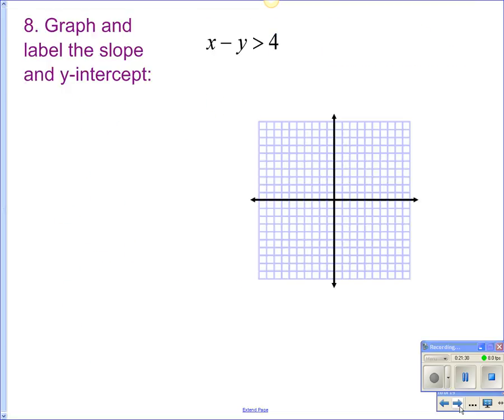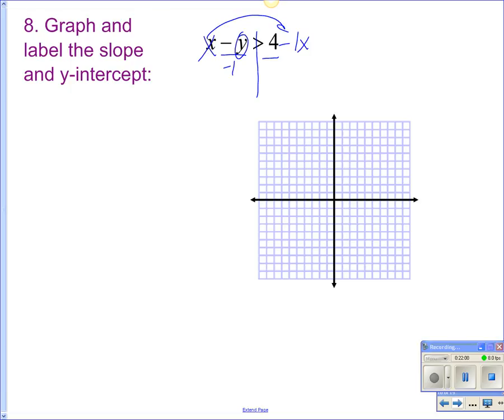Okay, number 8, graph and label the slope and the y-intercept. Dylan, what do you have to do first? Draw your line. Tamara, what else do you have to do? Haley, what else do you have to do? Good, and it's positive, so it becomes minus 1x. Jacob Shelton, what else do you have to do?